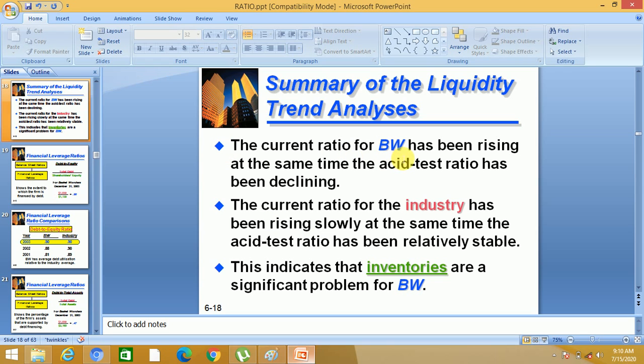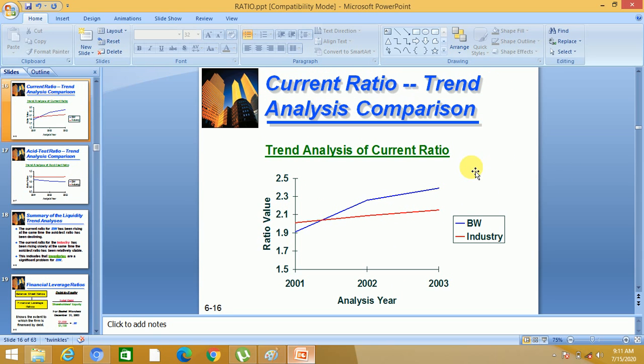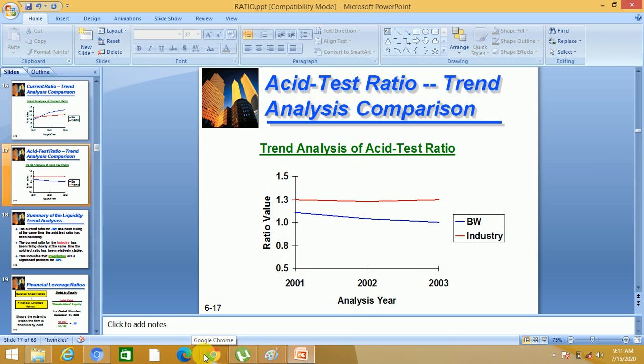The current ratio for Basket Wonders has been rising, at the same time the asset test ratio has been declining. Now look at this. The current ratio is rising, it is increasing. But the quick ratio is coming down. It was 1.11, now it comes down to 1.